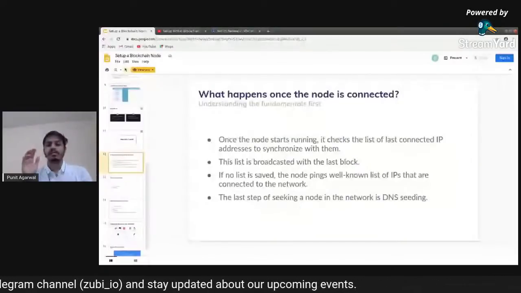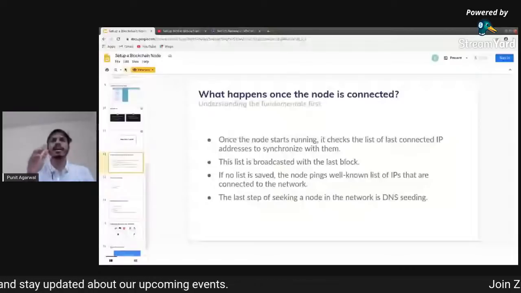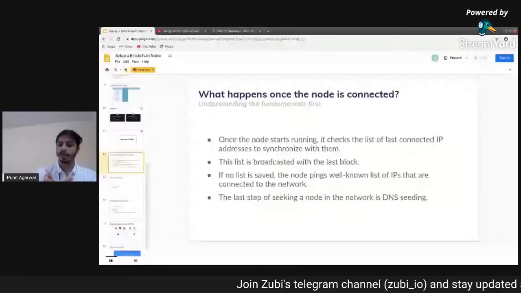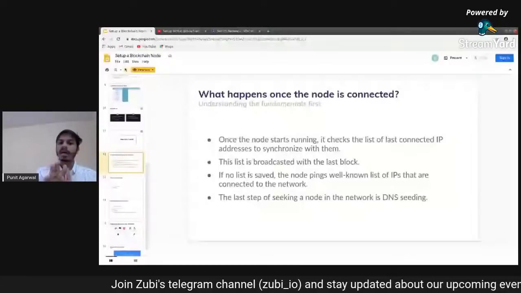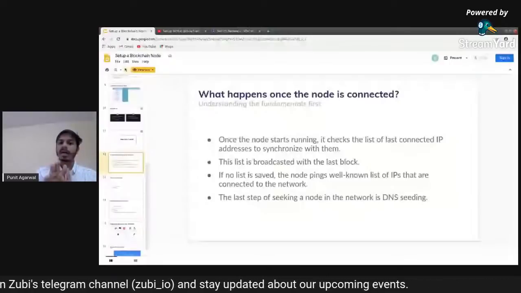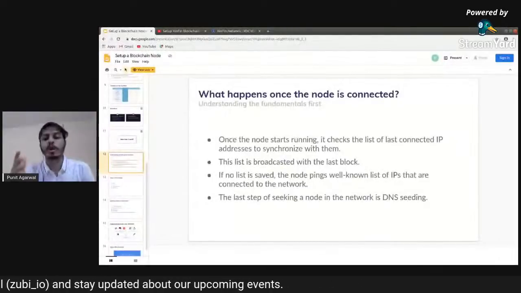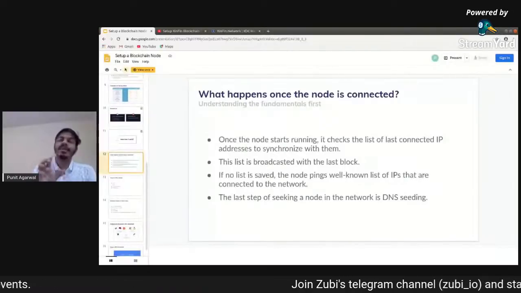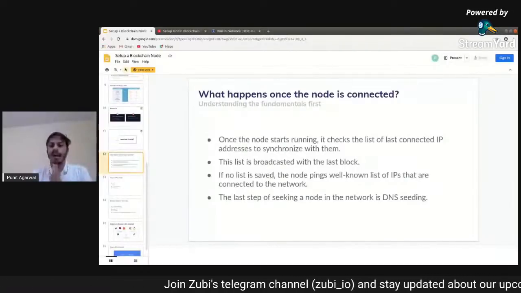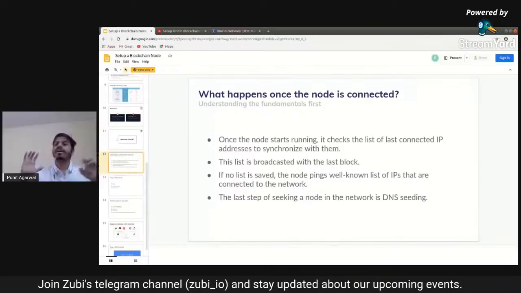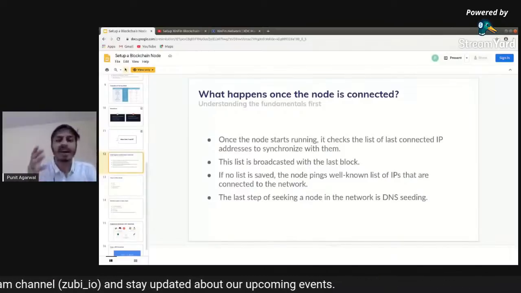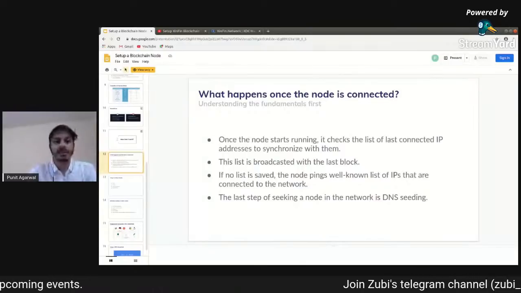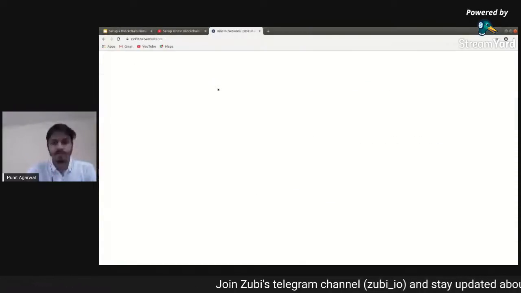When I'm connecting a node on a particular network, I will seed the DNS. You might have used a torrent application, which has a lot of seeds. This is exactly what is happening here. Whenever you are adding yourself as a node on a particular network, it starts seeding the DNS. So remember guys, it's DNS, not DNA.